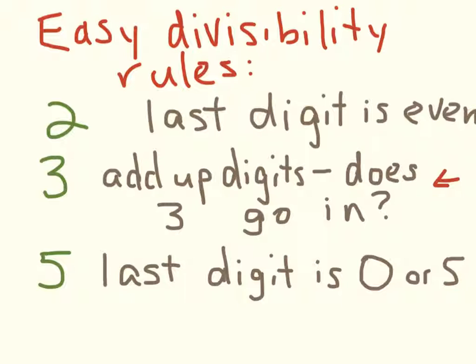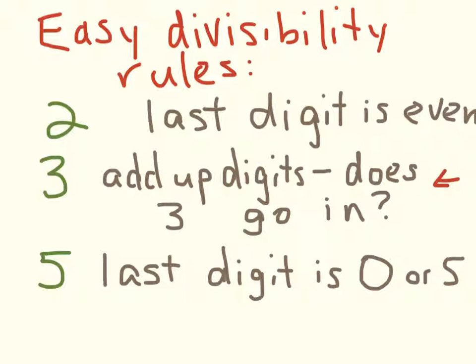And if it does, then the original number is divisible by 3. So that's a little tricky, but once you get the hang of it, it works really well and quickly, and you can figure out whether it's worth dividing 3 in to help simplify that fraction.